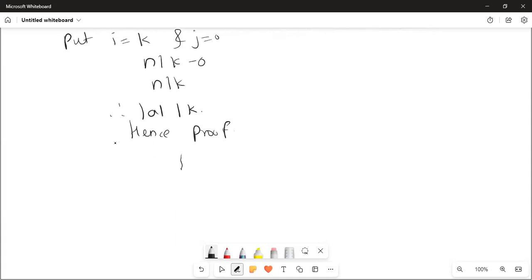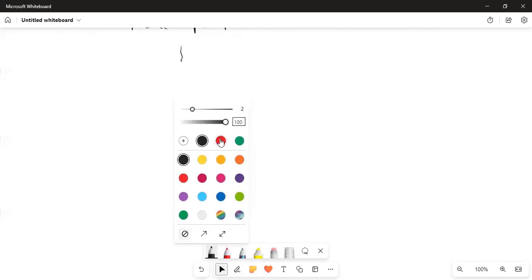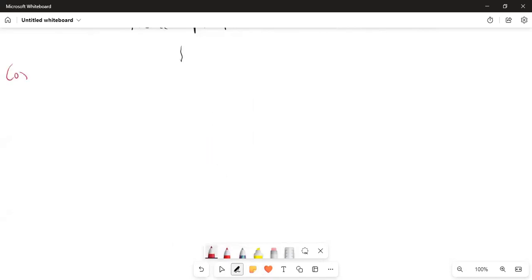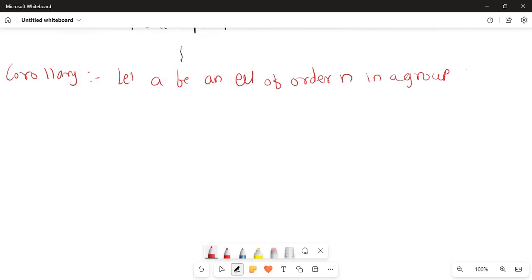Next, corollary. Let a be an element of order n in a group G. Let k be an integer.